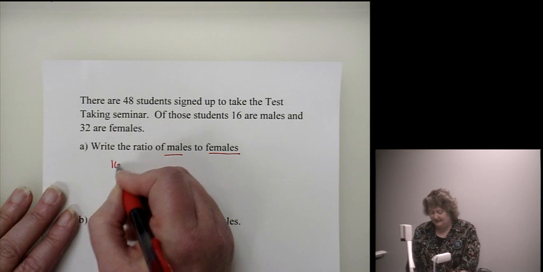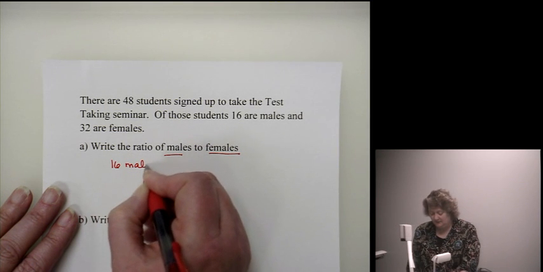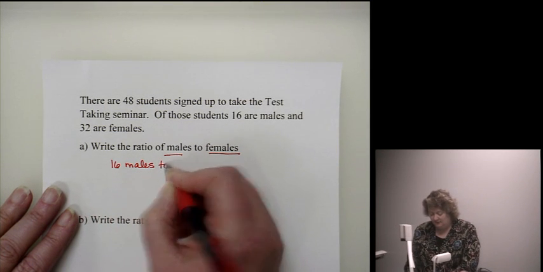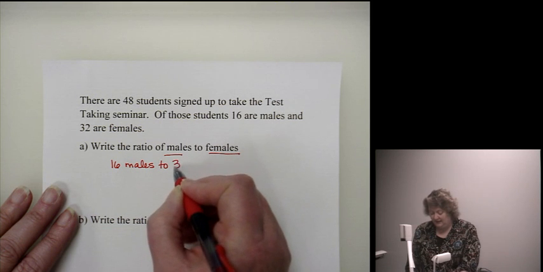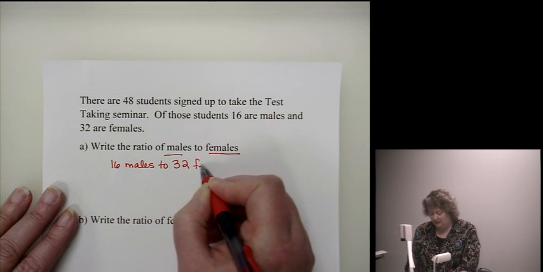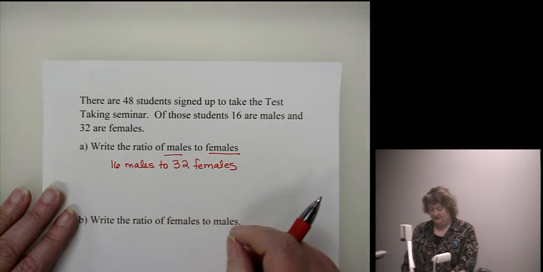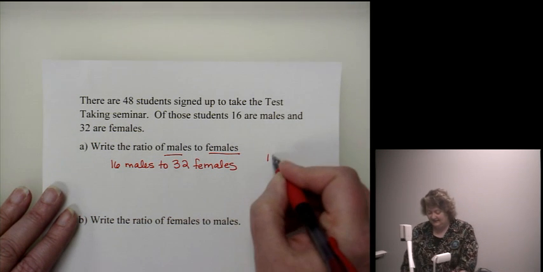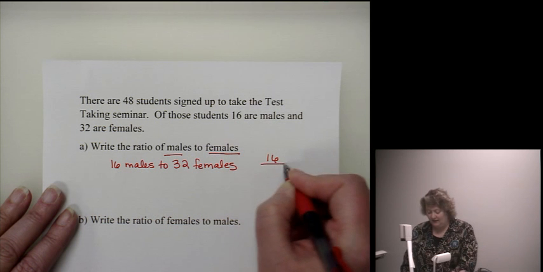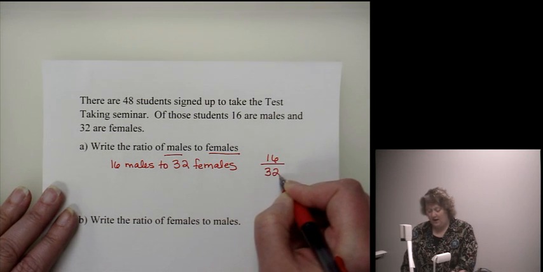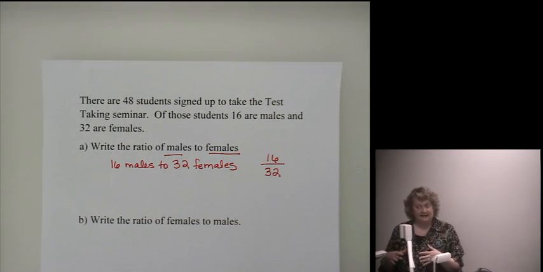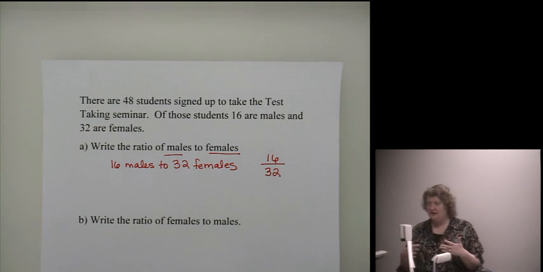So we have 16 males to 32 females. So that would put the 16 on top and the 32 on the bottom. Whatever comes second goes on the bottom. Whatever comes first goes on the top.